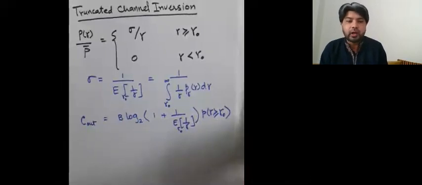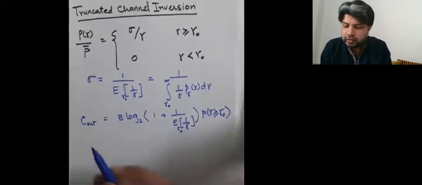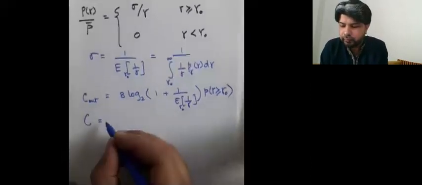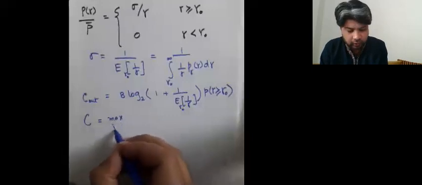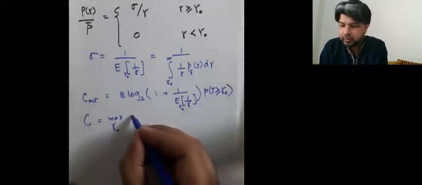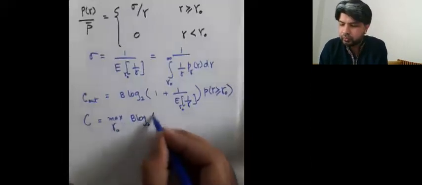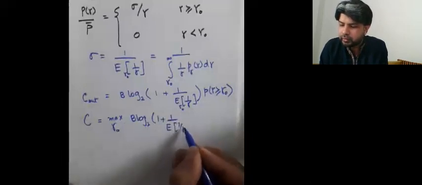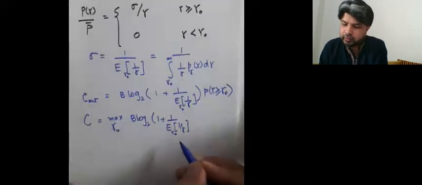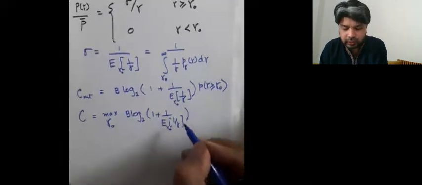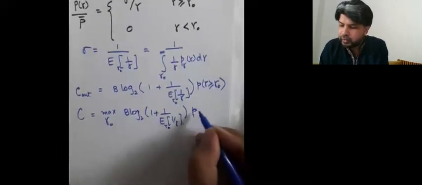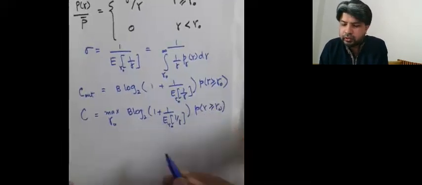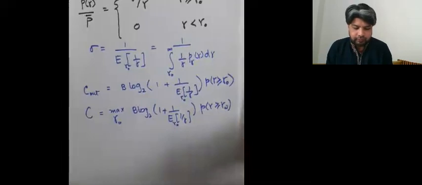So your maximum outage capacity, you call it C, would be equal to, you would maximize over gamma naught, B log base 2 of 1 plus 1 over the expected value of 1 over gamma, with gamma naught here, integrating from gamma naught to infinity, times the probability of non-outage.